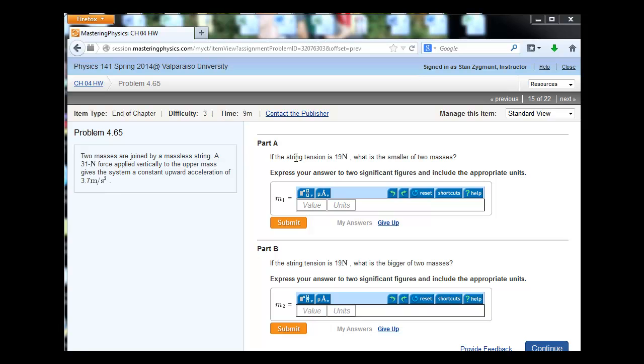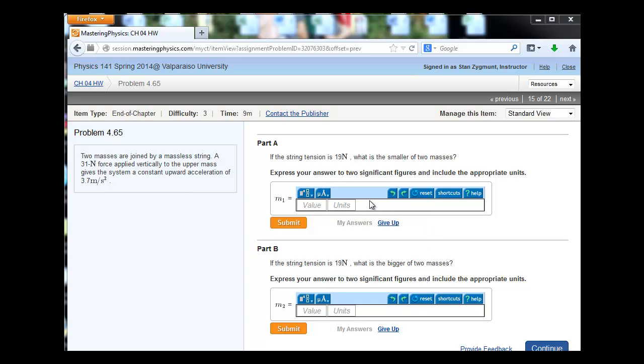Part A says if the string tension is 19 newtons, or whatever value you get, what is the smaller of the two masses? And Part B says if the string tension is the same value, what is the bigger of the two masses? So clearly, the problem wants us to use a given force that causes a particular acceleration and a string tension to find out the values of the two masses.